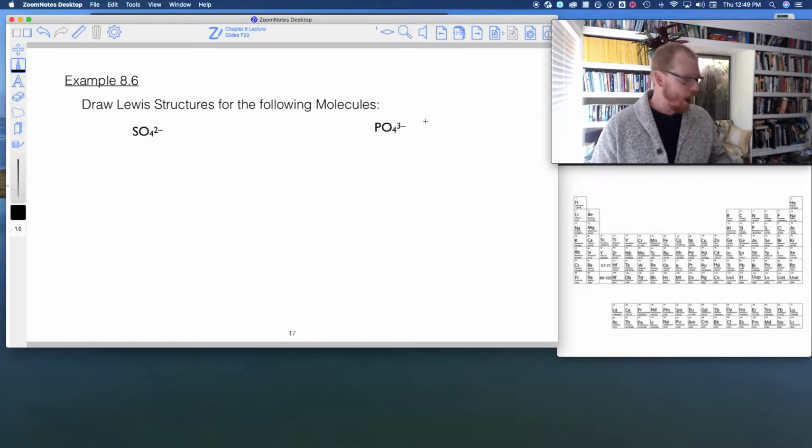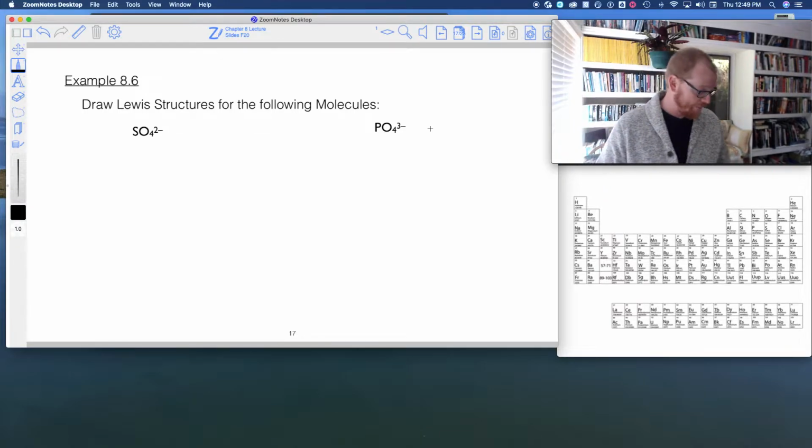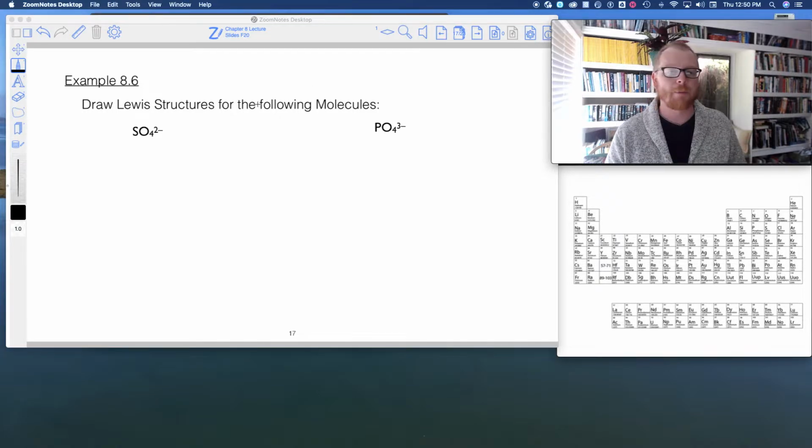So let's do some examples. There are 2 really good ones, sulfate and phosphate, and these are ubiquitous, very common. Now, let's apply all the rules that we know. We add up the valence electrons.